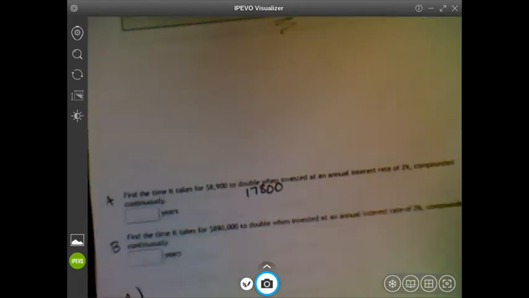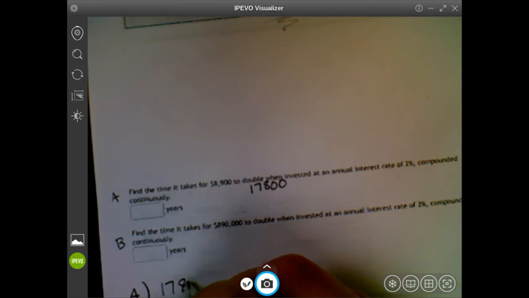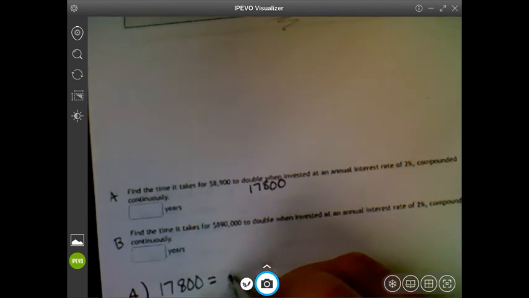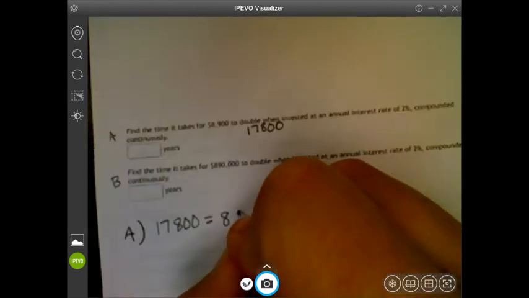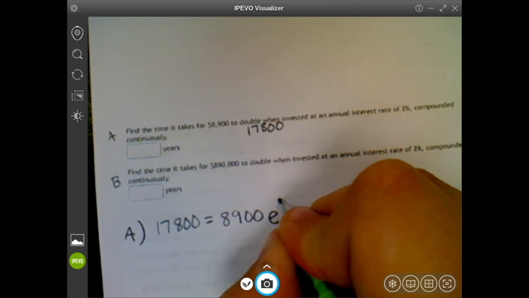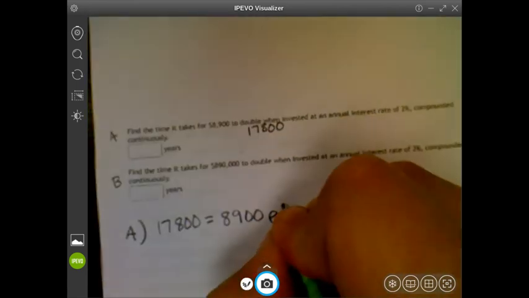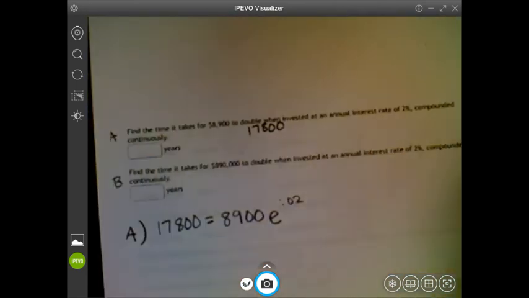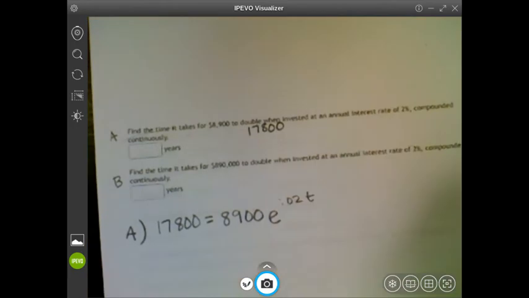And so for part A, we're going to use this formula right here: Pe to the rt is equal to the amount. So your amount, 17,800, equals P, the original amount, 8,900, e to the rt, and r is your rate, 0.02. And then we are trying to find the time, so we'll have t in there.